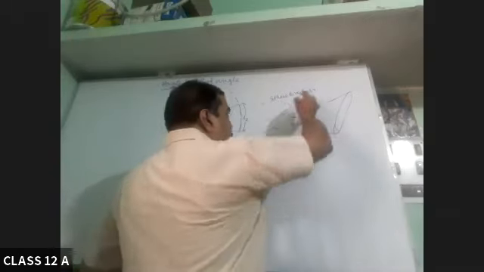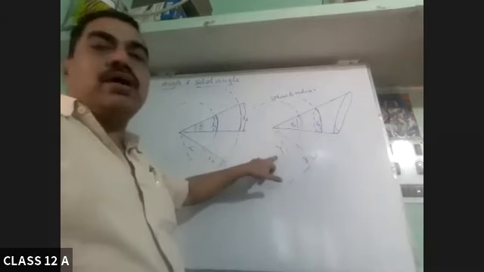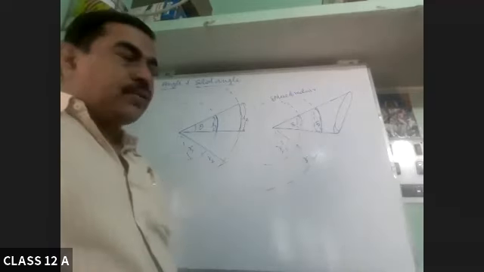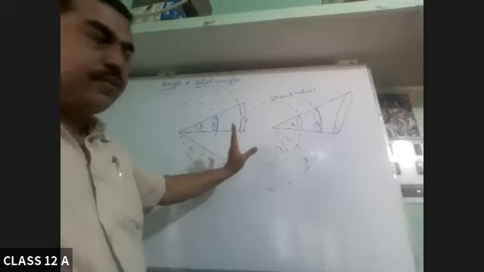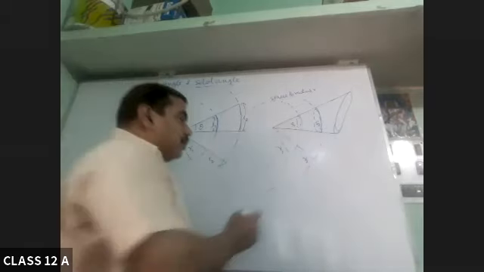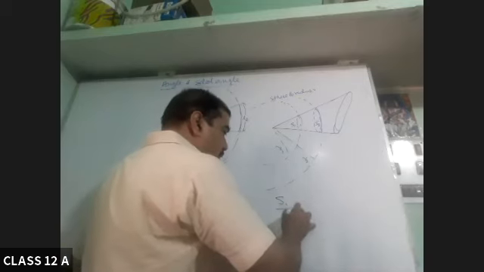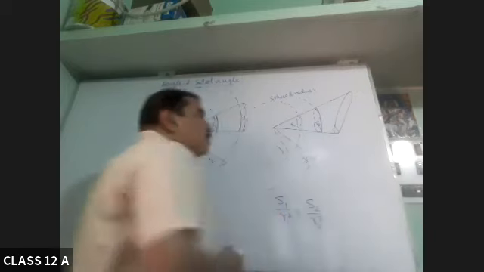Then it is observed that the ratio of the surface area and the square of the radius is the same. Here the ratio of length of arc and radius is the same. Here the ratio of the surface area S1 over R1 square equals S2 over R2 square.